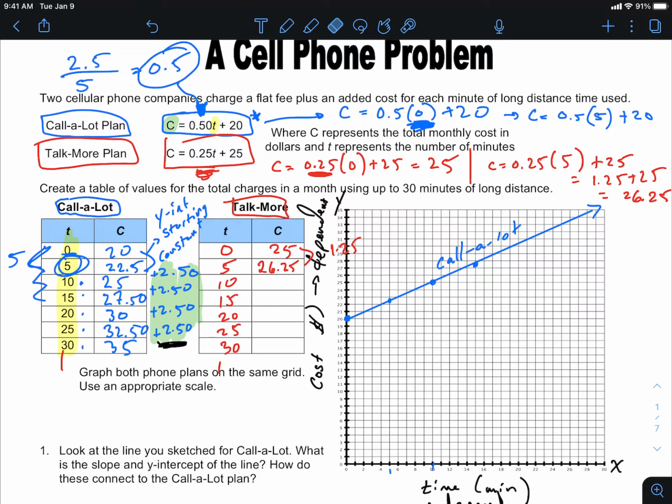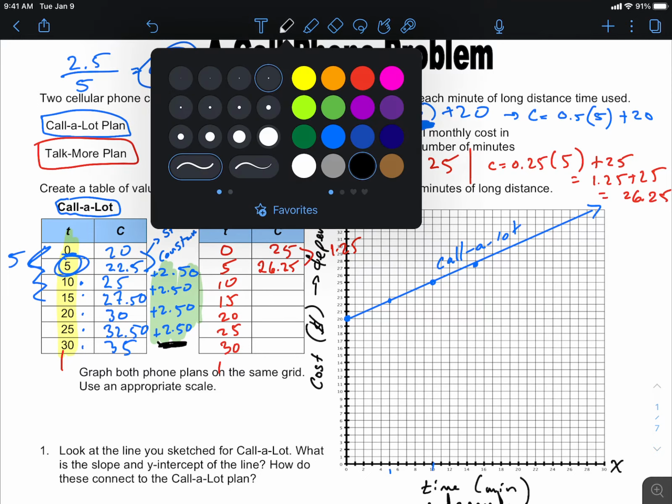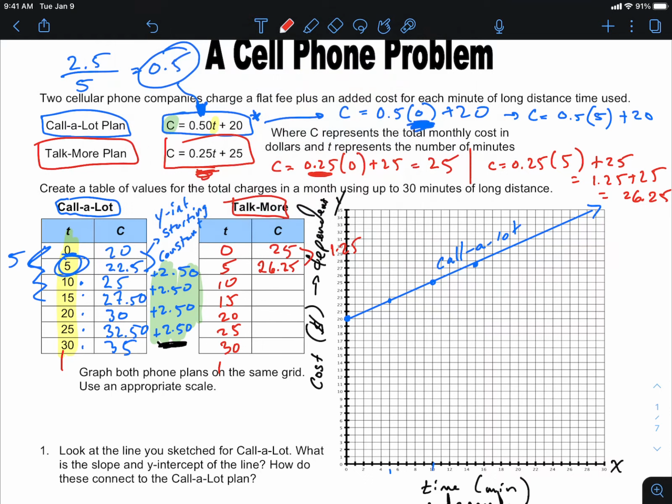Okay. Just for the interest of time, we're just going to use a little bit of a shortcut to help us produce this graph. So you're going to say, okay, 26.25 plus 1.25, that's going to be 27.50, and then 28.75, and then we're going to go to 30.